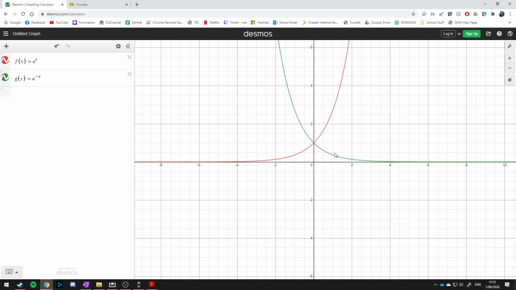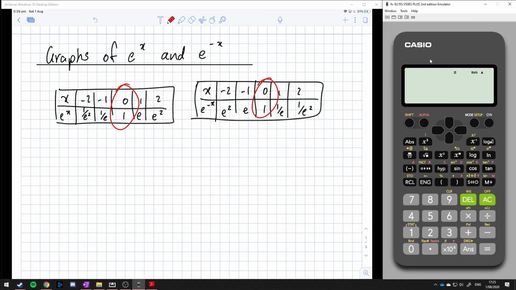Now if we were to draw the tangents at this point, they're both at (0, 1). So if we find the derivative at that point of intersection for both curves: if y is equal to e to the x, then dy/dx is equal to e to the x, which at 0 is e to the 0. On this side, y is equal to e to the negative x, so dy/dx is equal to negative e to the negative x.